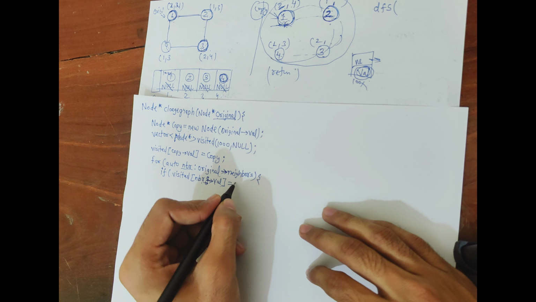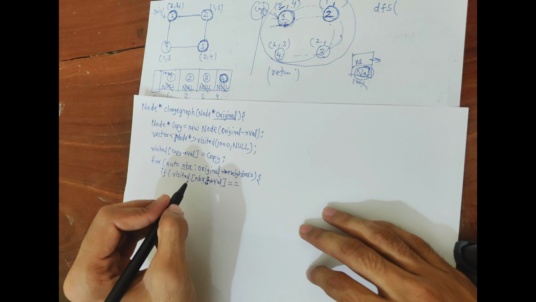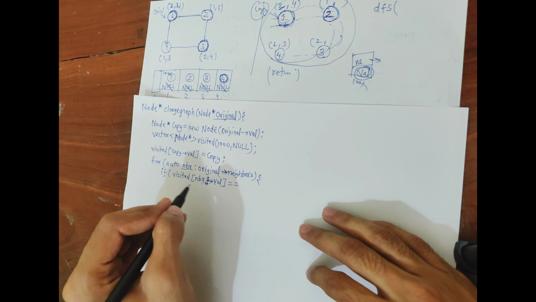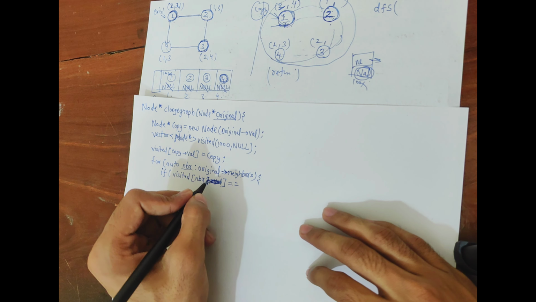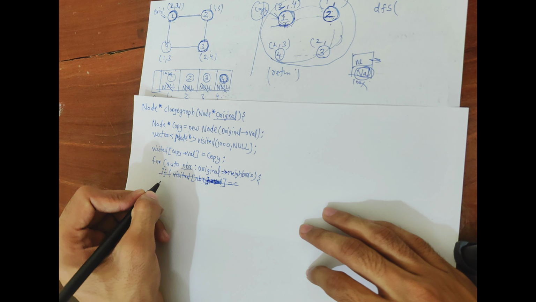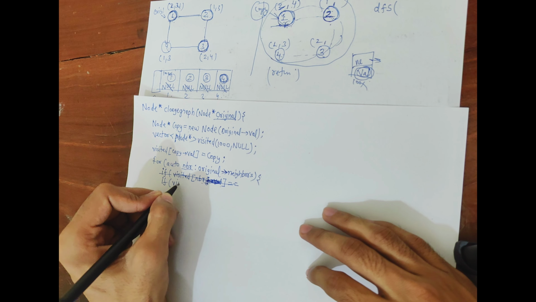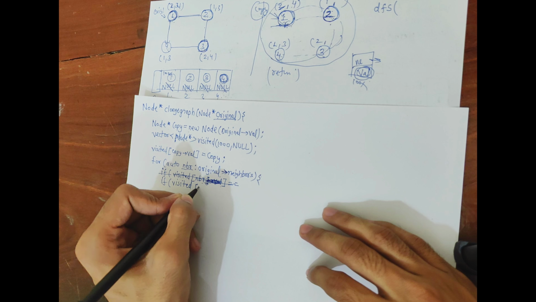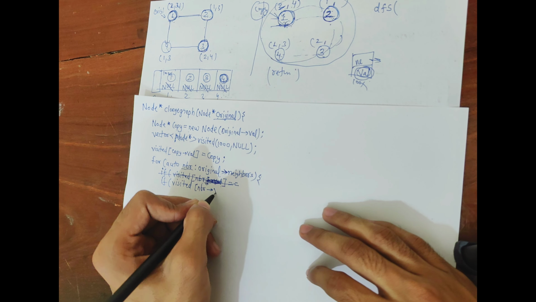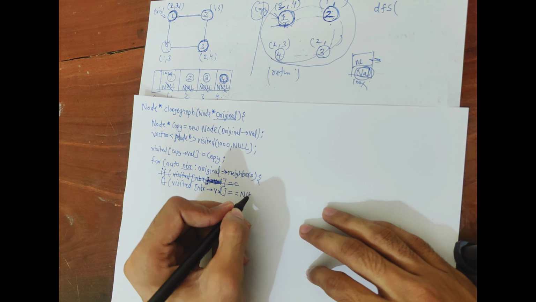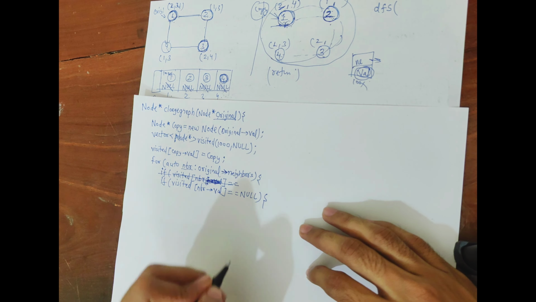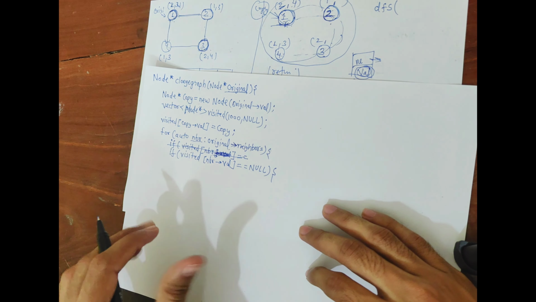Right, visited of nbr value, I need to check whether it is null or not null. If it is null, then only I will be doing my task.